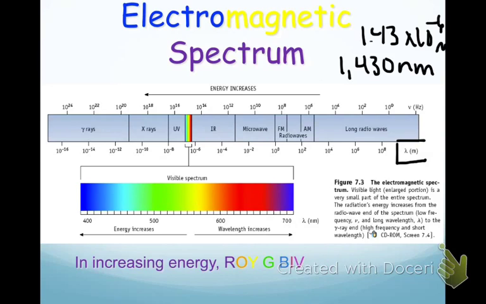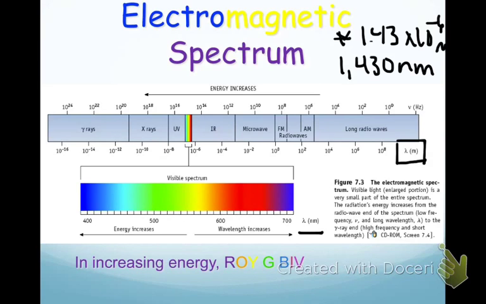So notice here that wavelength is on the bottom, so that's where I'm going to look to find what type of radiation it is. I do also see nanometers right here, but that's really for the visible spectrum. And my number in nanometers, 1,430, is beyond 700. So it's not even in the visible spectrum.